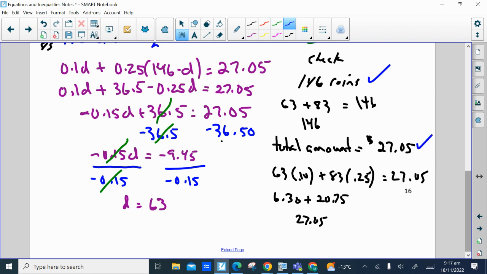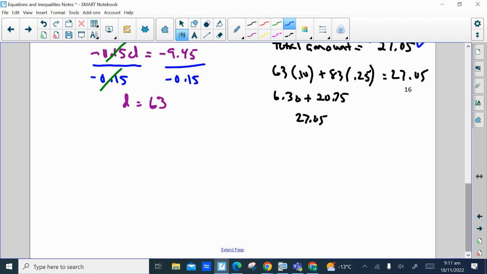So there's our check. Our answers satisfy both conditions. So now we'll write a concluding statement. There were 63 dimes and 83 quarters in the meter.